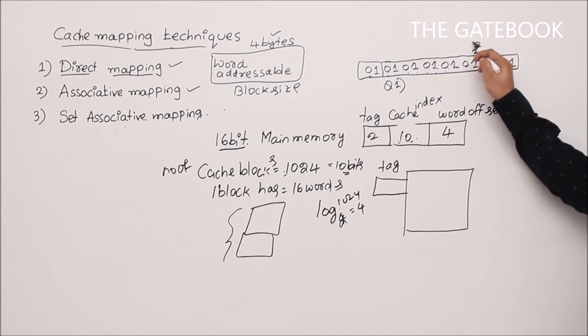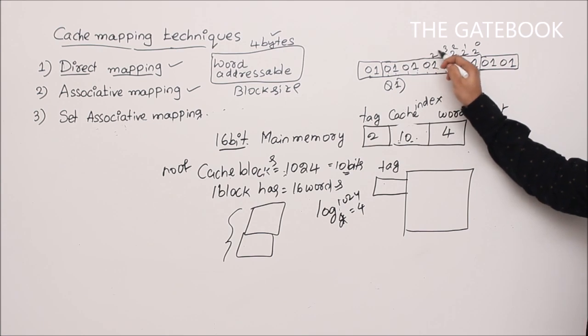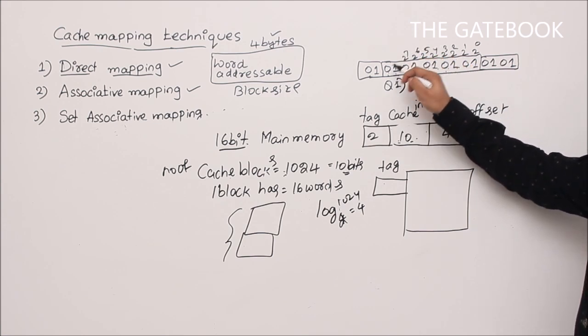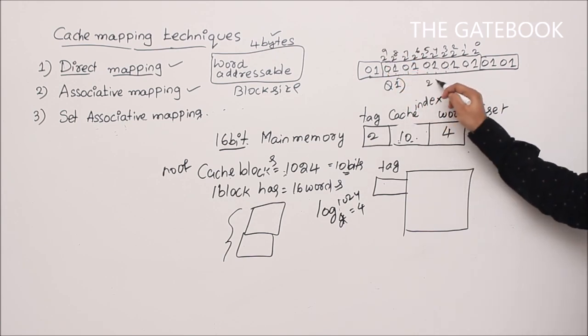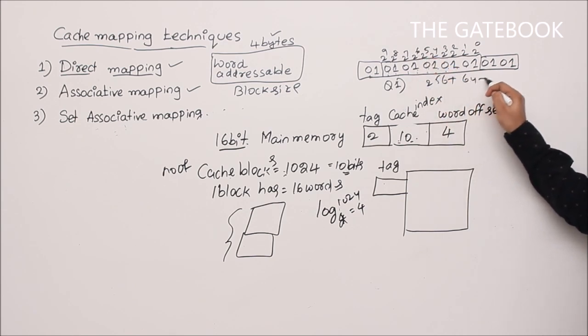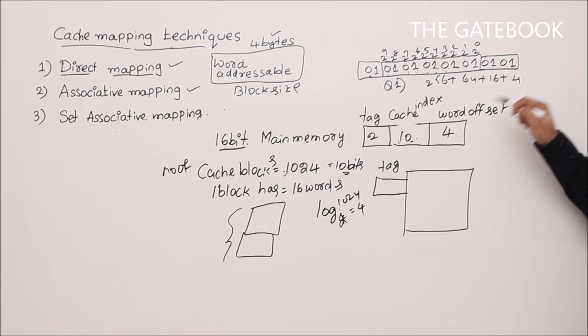If you see the weightages, 2 power 0, 2 power 1, 2 square, 2 cube, 2 power 4, 2 power 5, 2 power 6, 2 power 7, 2 power 8, 2 power 9. So 2 power 8 into 1 is 256, plus, I am just finding the decimal value, 64 plus 16, then 4, plus 1.